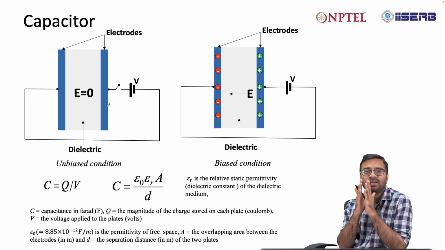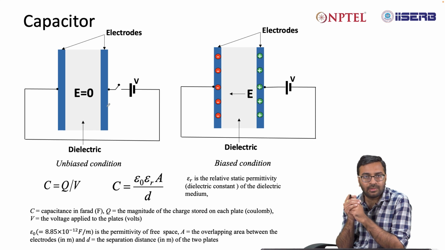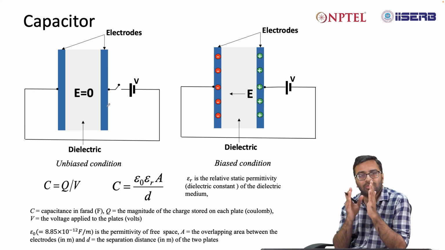Now the electrodes can be made of metal or any other conductive material for that matter. These are different considerations, but as far as the capacitor discussion is concerned, we will consider that both the electrodes are made of metal.